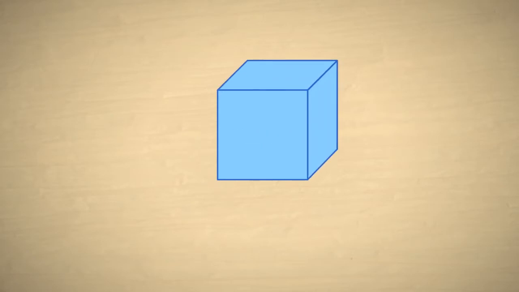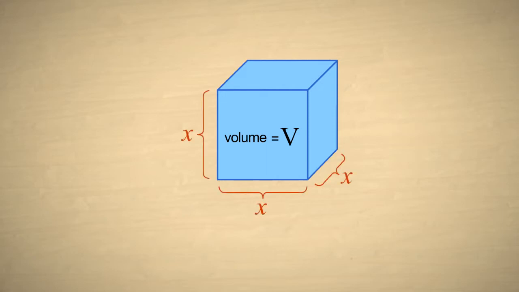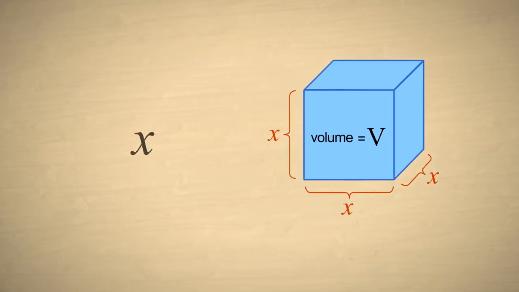If you want to construct a cube with the volume v, you need to know what length to make the sides. We know that the length x cubed is equal to the volume v, so we want to find the value of x that, when cubed, gives us v. In other words, we want to find the cube root of v.